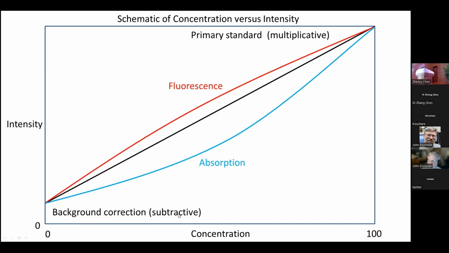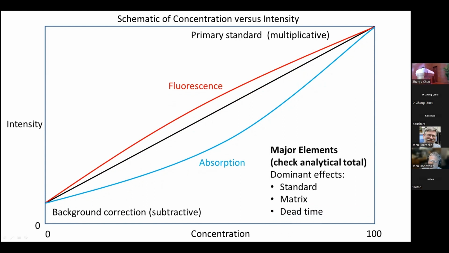And that's very important to keep in mind because it has to do with what standards we choose to use for a particular element. In fact, for the major elements, and of course, as John mentioned, we need to check our analytical total. And we do not want to normalize to 100%. And the dominant effects are the standard choice and its accuracy, its homogeneity, the matrix correction, and of course, dead time.